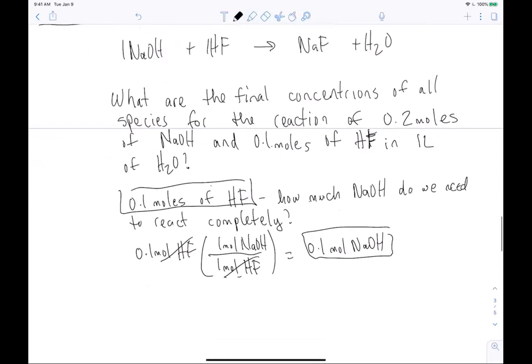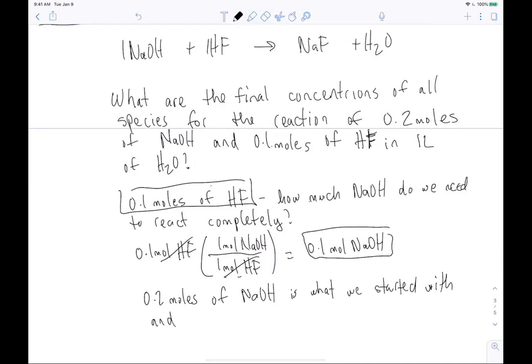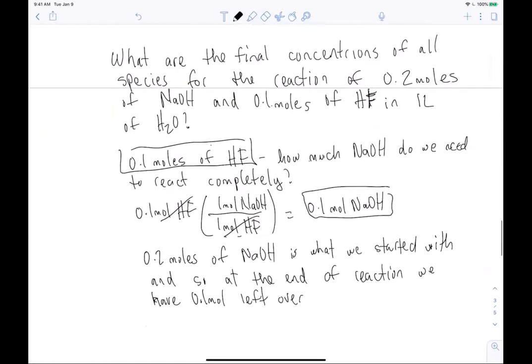At the end of the reaction, I have 0.2 moles, which is what we started with, minus that, so at the end of the reaction we have 0.1 mole left over.